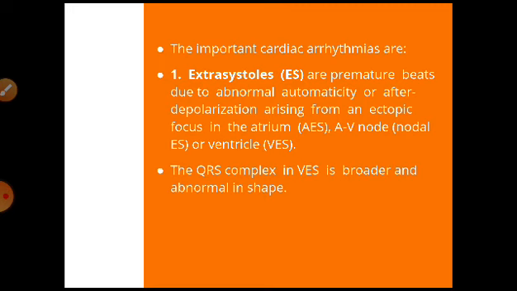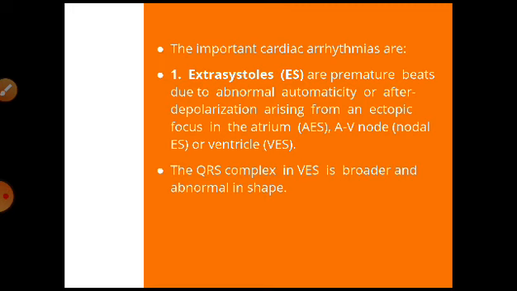Now here I am giving you certain more classifications of these types of arrhythmias. Here we call it an extrasystole. These are premature beats due to abnormal automaticity or afterdepolarization arising from an ectopic focus. Already we have discussed the extrasystole condition.